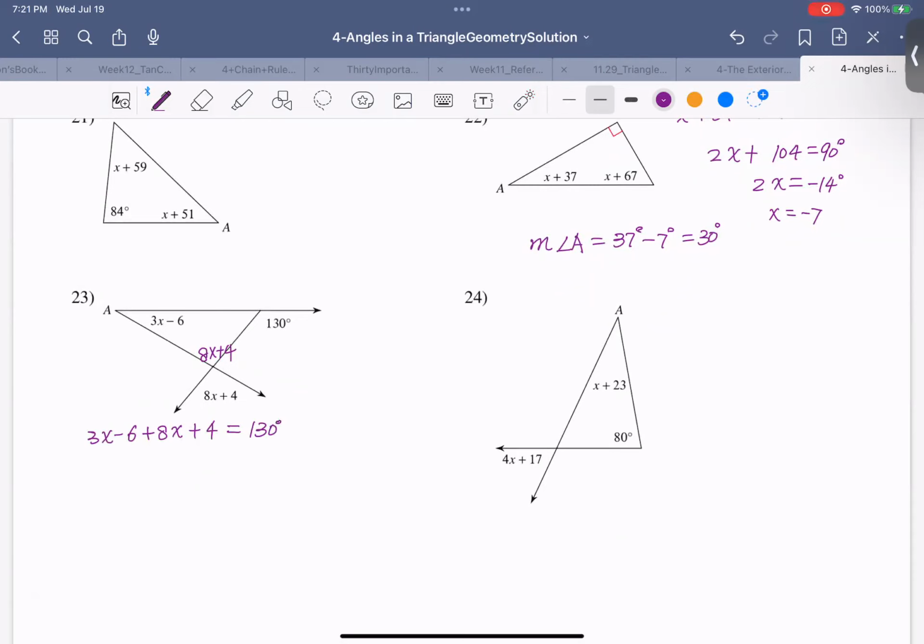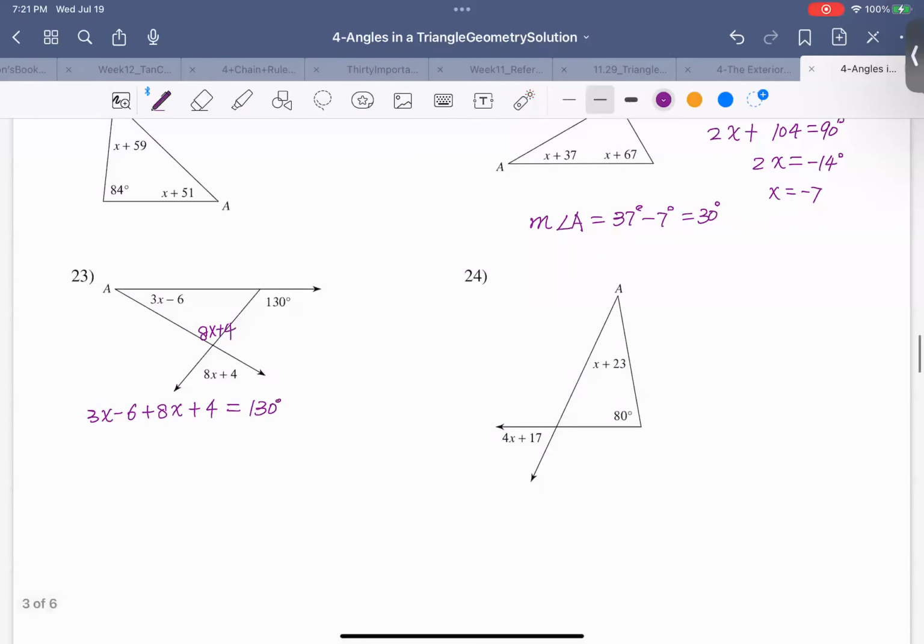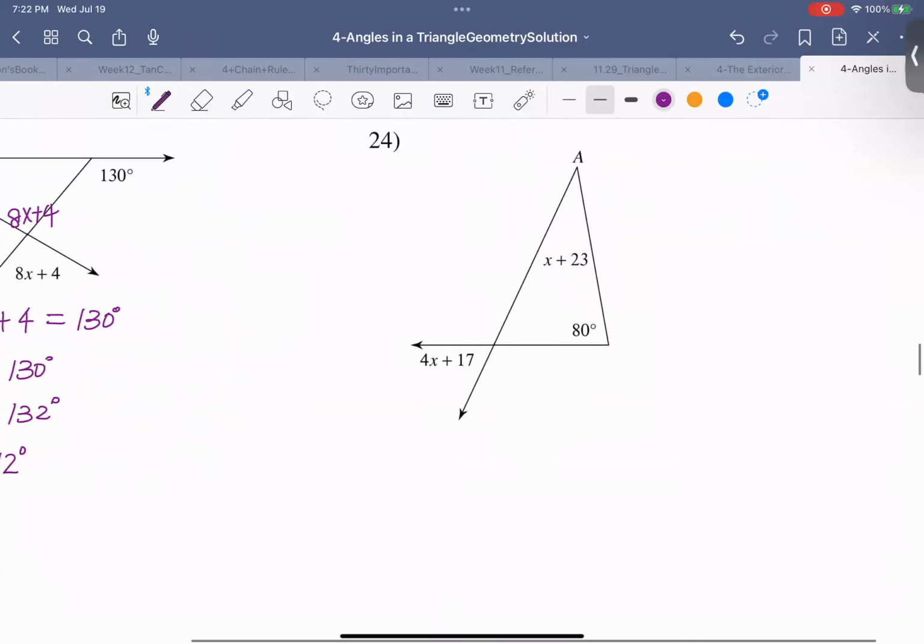Good job. This guy equals the summation. Next, it's 11x minus 2 equals 130. 11x equals 132, so x equals 12. Very good. That's beautiful, Timothy.